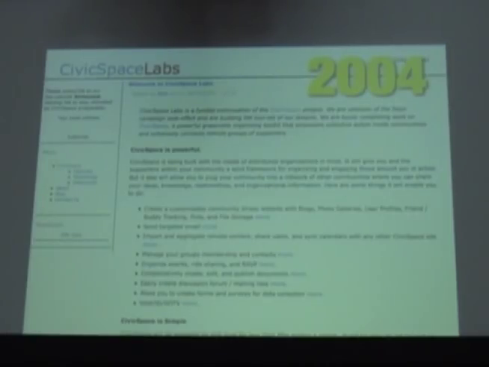They were getting new, younger people to get excited about Howard Dean and get involved through the web and through mailing lists and stuff like that. And so this was something that the Democrats really wanted to figure out how to harness. And they eventually did. Good for them. So that's Civic Space, 2004.